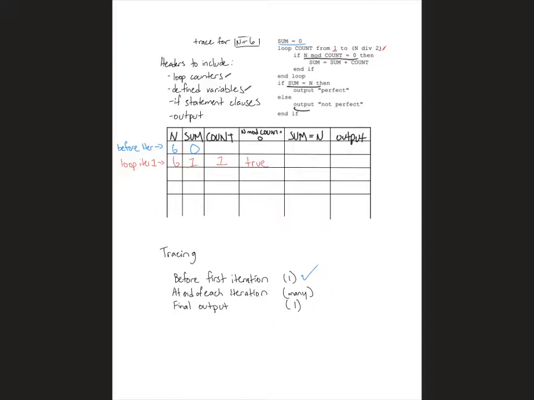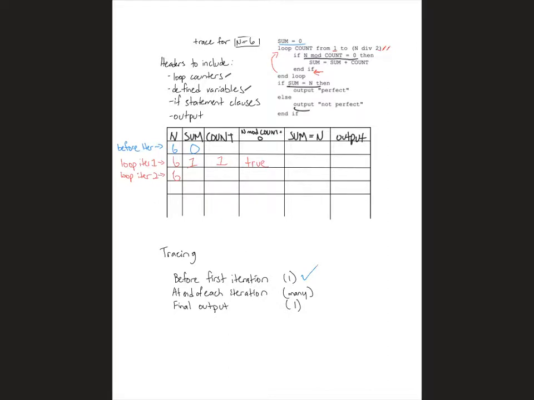And we are at this spot right here, where we finish the if statement, we are done with the loop, and we're going to come back around and do one more iteration. So I will mark this as loop iteration 2. Again, making everything as clear as I can. N is still 6. I'm going to go back to the top line.